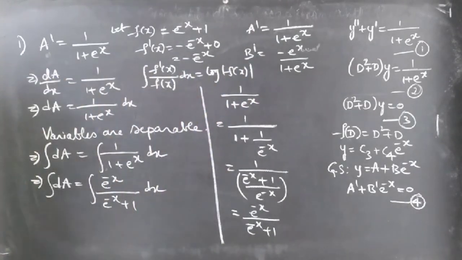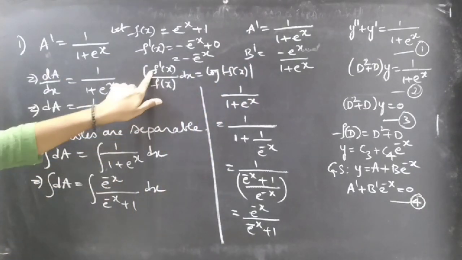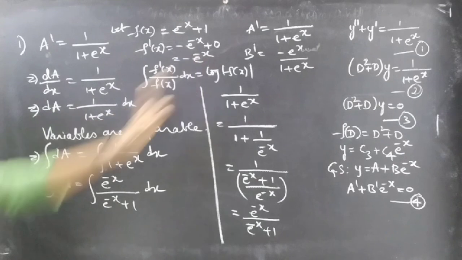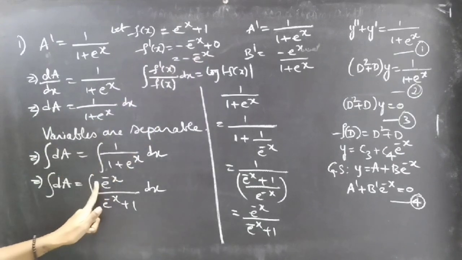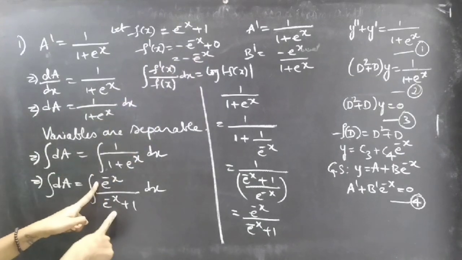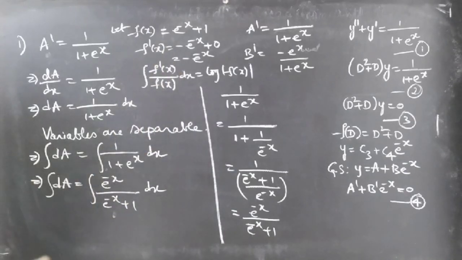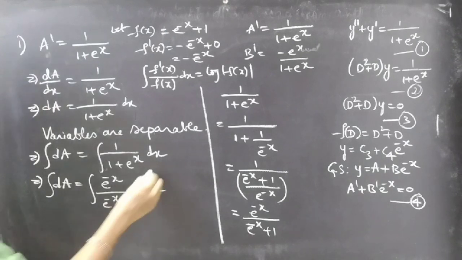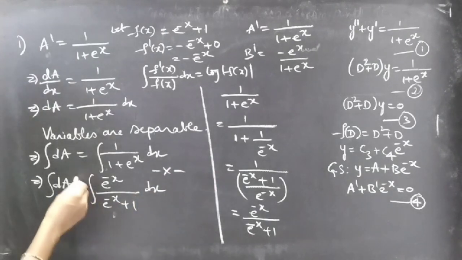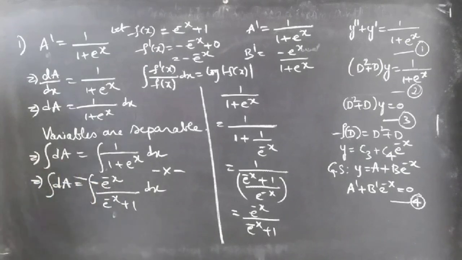In order to apply this formula, we need f dash, which is minus e power minus x, in the numerator. So we need a minus here, and we have f of x in the denominator, e power minus x plus 1, right? So let's take minus into minus: one minus outside the integral and one minus inside the integral for our convenience.